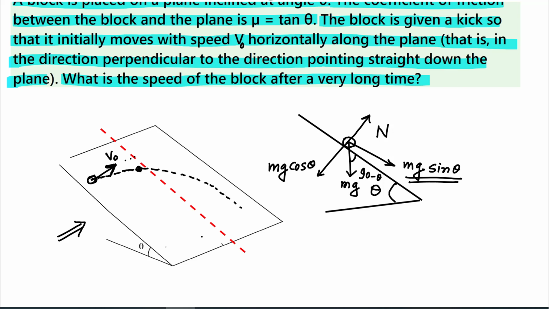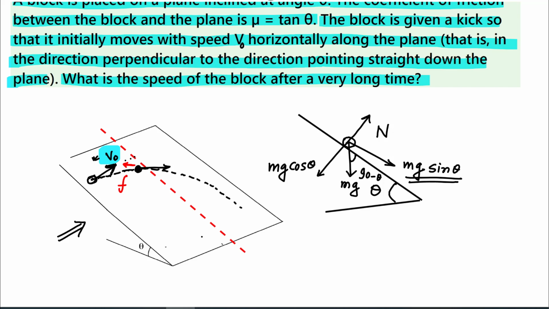Let's say at a certain point of time this block is here. What will happen to this velocity? This velocity will reduce. Why? Because there is a friction force acting on this block, in this direction. So the speed will decrease.